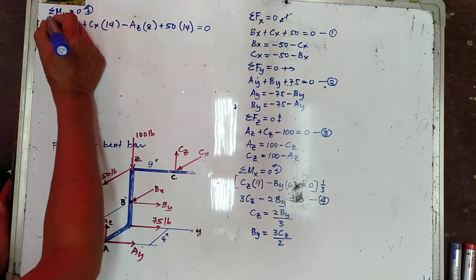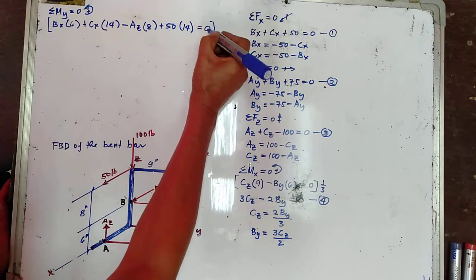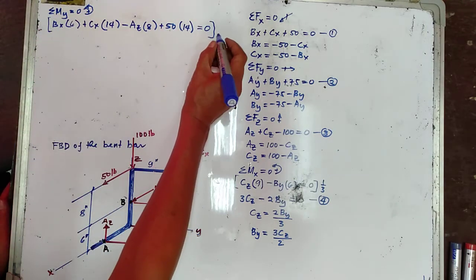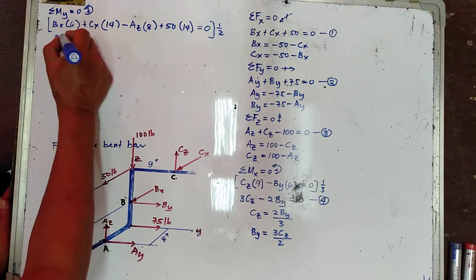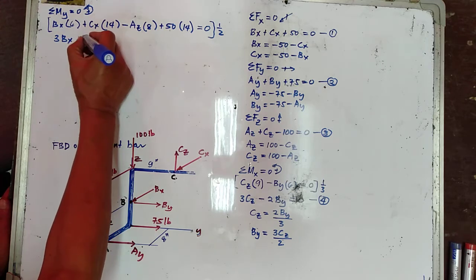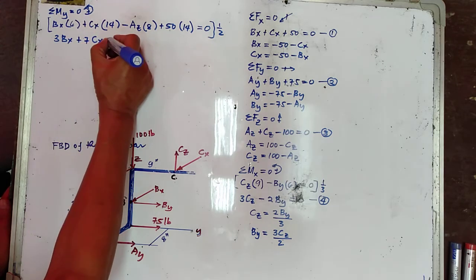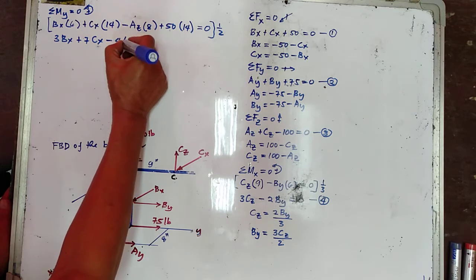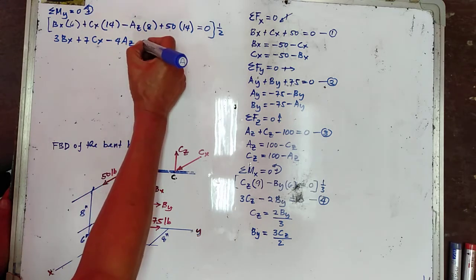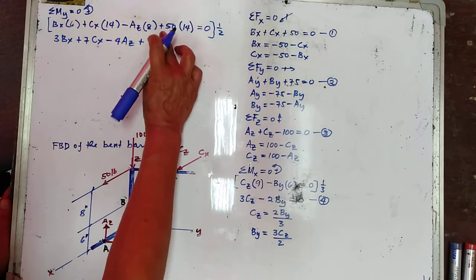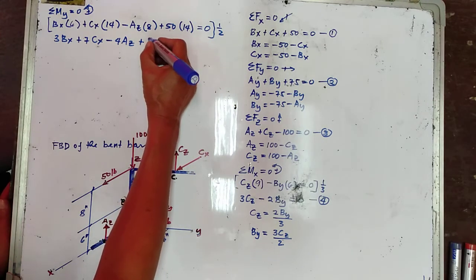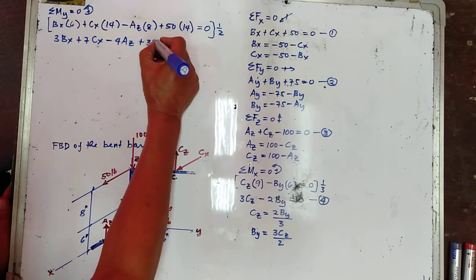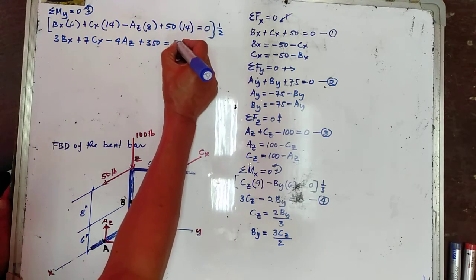So, if you try to multiply both sides of the equation by 1/2, so we have 3BX plus 7CX minus 4AZ plus 350, since 14 over 2 times 50 is 350, is equal to 0.